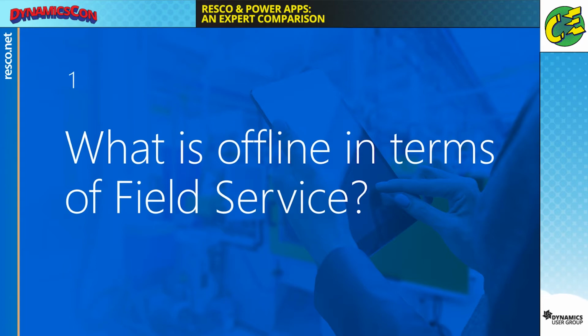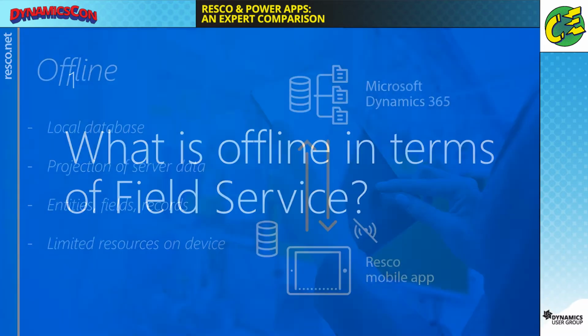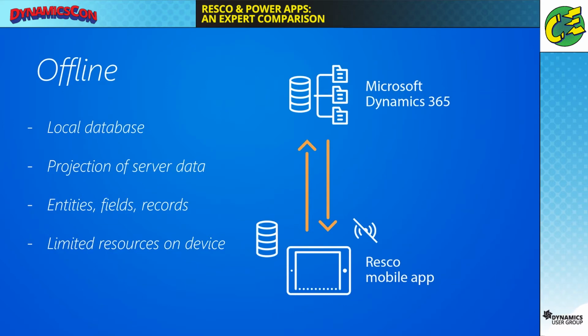All of this data is stored somewhere in the cloud on a Microsoft Dynamics 365 server. However, even if you have no internet connection, you need to access and edit this data. So that's why offline. Offline is basically a projection of the server data, which is stored locally in a local database at your disposal at any time.